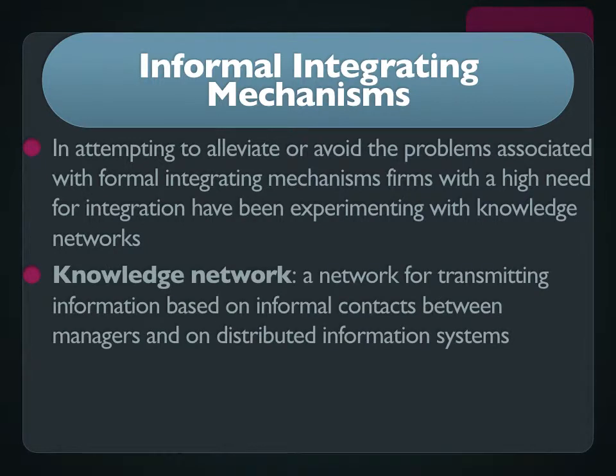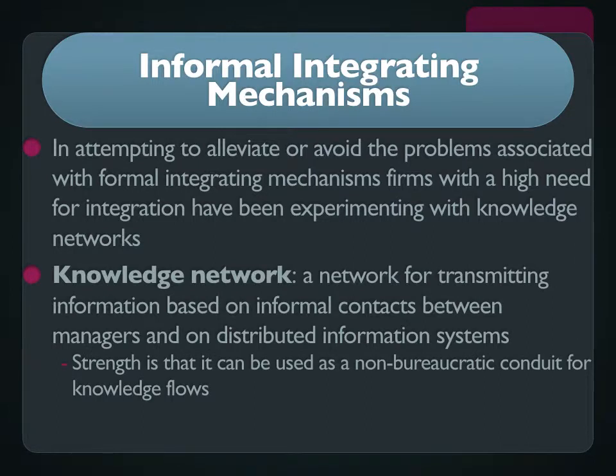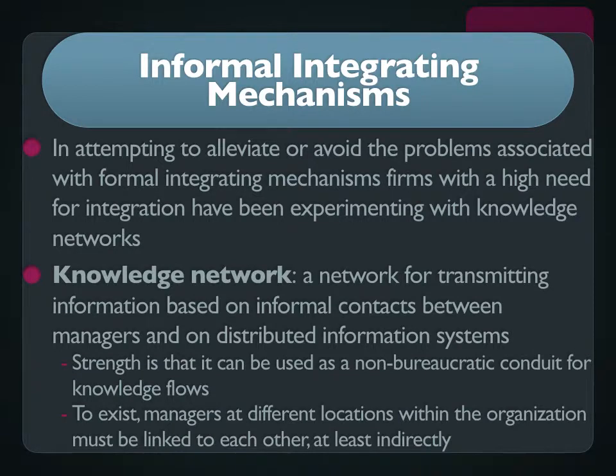Knowledge networks are networks for transmitting information based on informal contacts between managers on distributed information systems. The strength of this is that it can be used as a non-bureaucratic conduit for knowledge flows. But the important thing is that managers at different locations within the organization must be linked to each other at least indirectly.